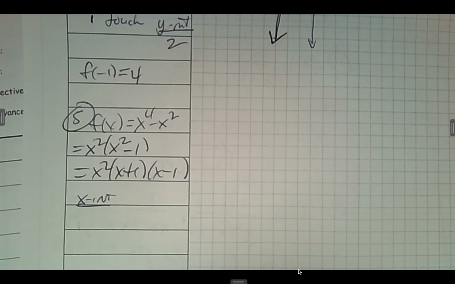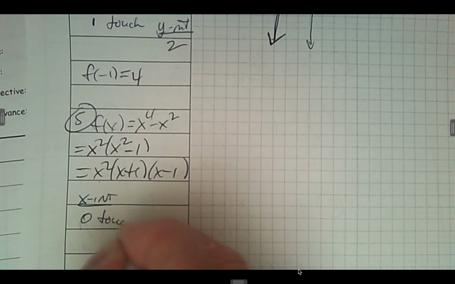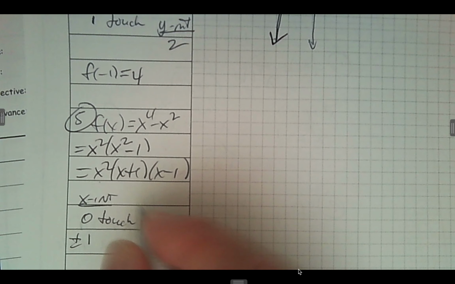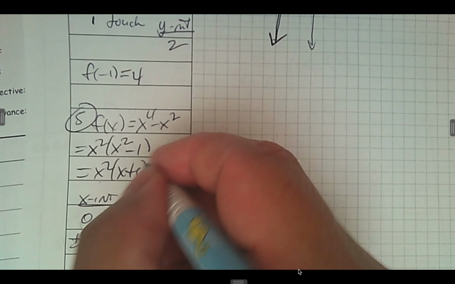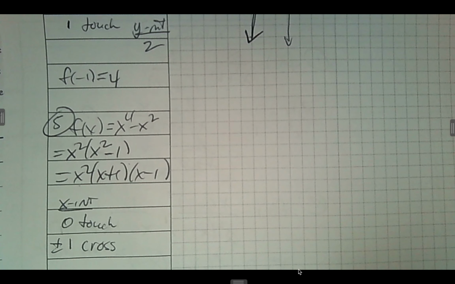I want to see where the x-intercepts are. And I want to know the power term. So we have an x-intercept at 0, and it only touches at 0 because of the even exponent. Then at positive and negative 1, we have zeros, but they're odd exponents, so at positive and negative 1, they cross.